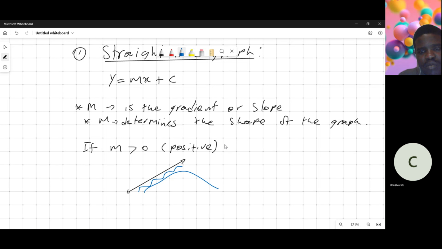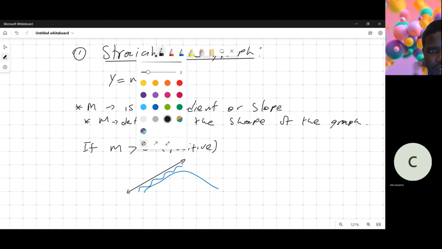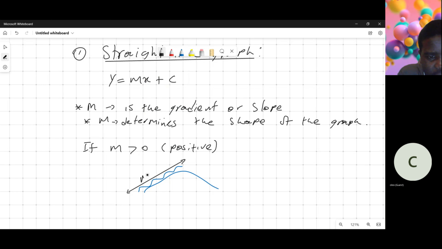If m is positive, it's like you're climbing the stairs. So the slope of the graph is positive, that is to say, m is greater than 0. That's when m is positive, and the shape of the graph will be like this.